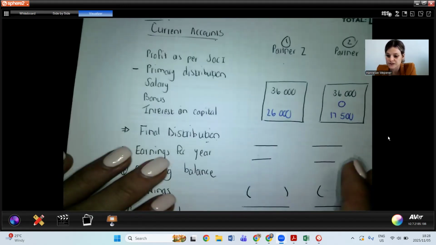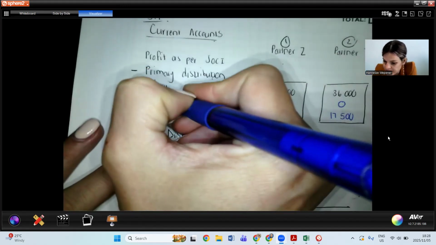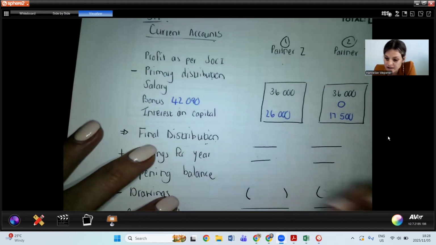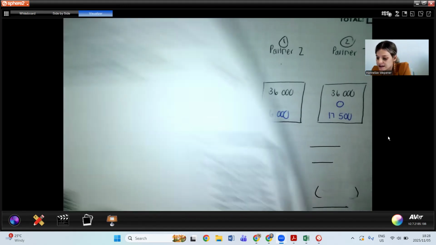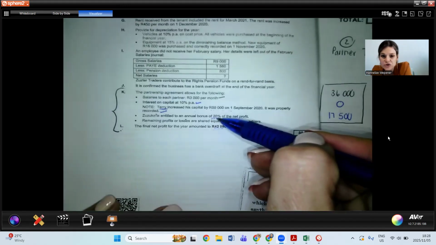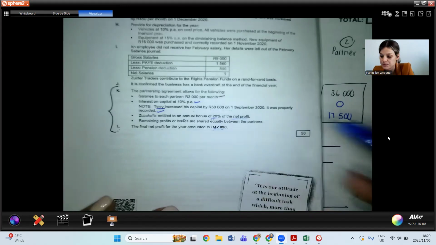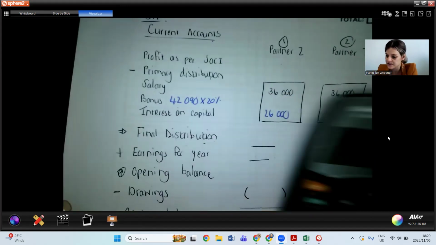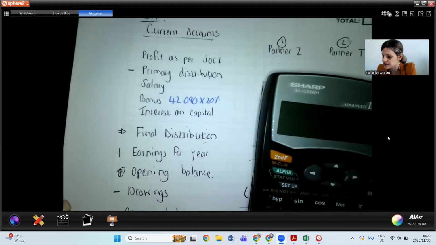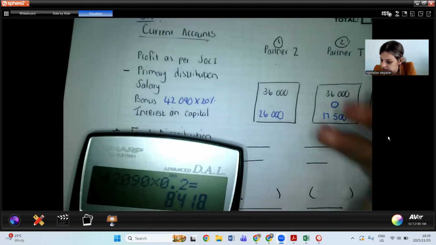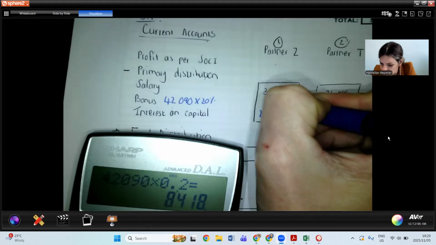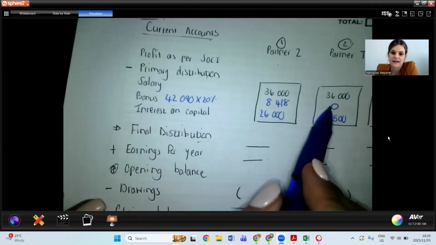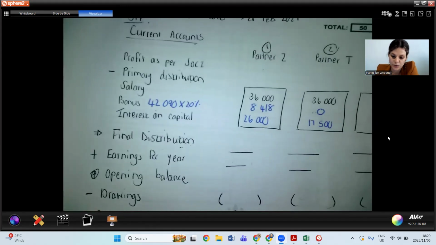So to get to his bonus amount, you must take the net profit as given, and he then is entitled to an annual bonus that's equal to 20% of the net profit. So find 20% of the net profit, 42,090 times 20%. So that is 8,418 that he is entitled to. The other guy doesn't get a bonus at all.